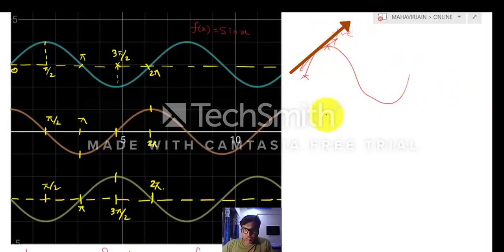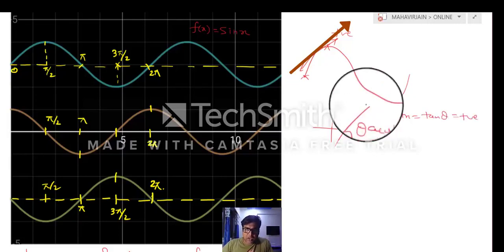Because, very simple funda, this line makes an angle theta, which is an acute angle, and tan theta for an acute angle, that is in the first quadrant, is positive. That means the slope, which is nothing but tan theta, is positive for such a line.